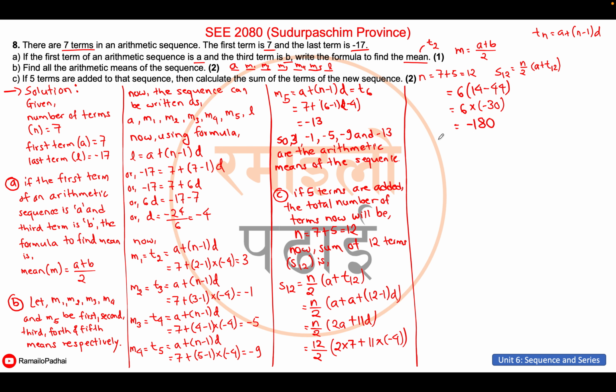Is that so? Yeah, that is so. The sum of the new sequence is minus 180. So this is about the solution of this question.